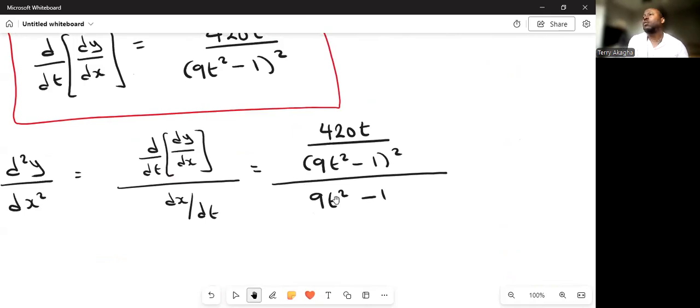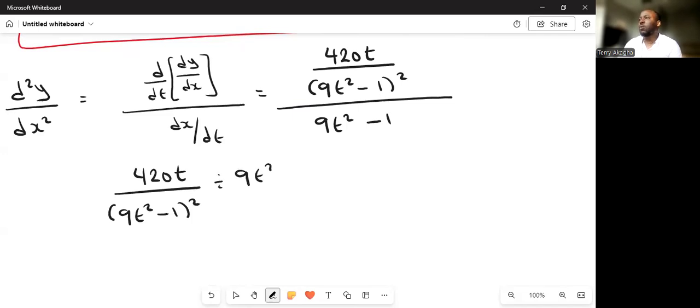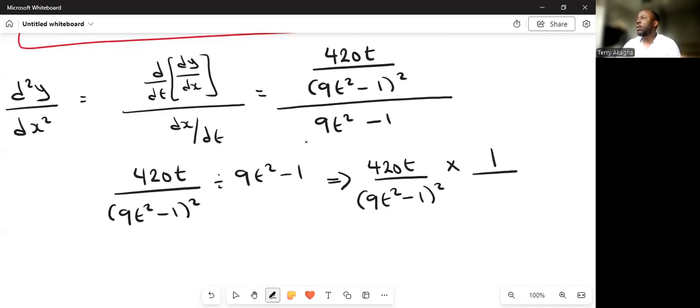I can write this as 420t divided by 9t squared minus 1 all squared, divided by 9t squared minus 1. In order to remove the division sign, I'm going to flip this. So it's going to be 420t over 9t squared minus 1 squared, multiplied by 1 over 9t squared minus 1.